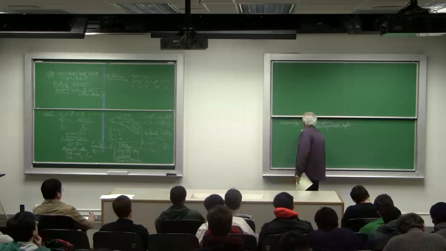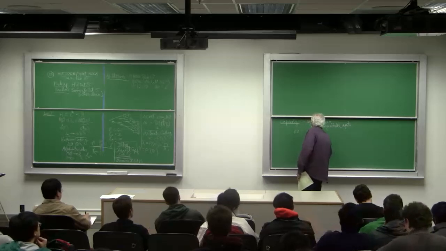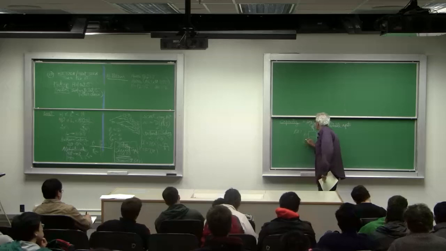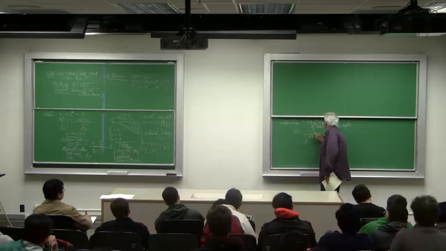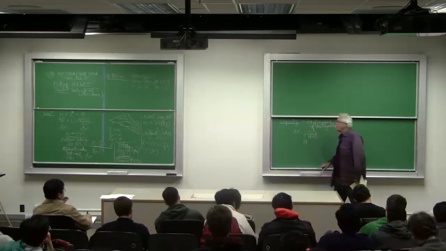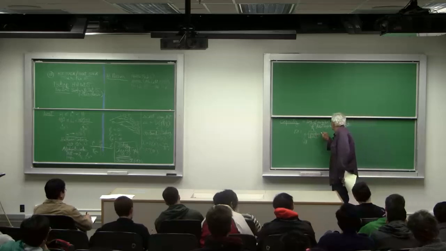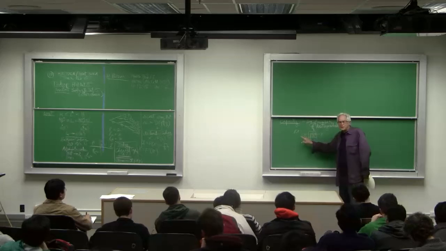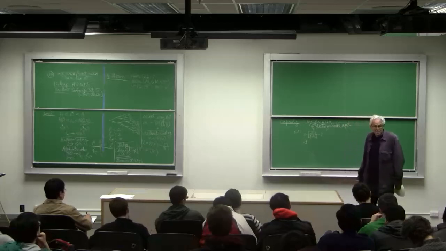So, for example, we could have a channel in which we put in X from some finite alphabet. We see a random result Y, and we wonder how many distinguishable X's there are as observed by Y.